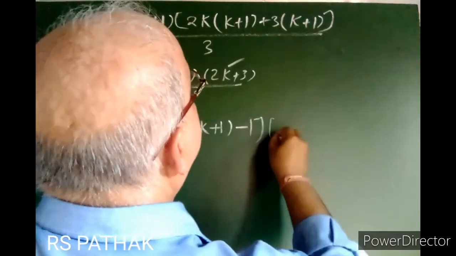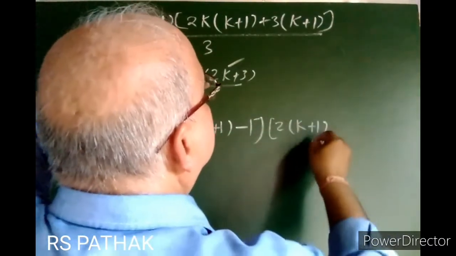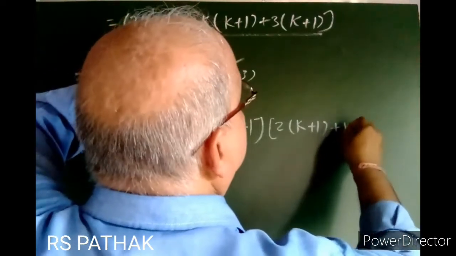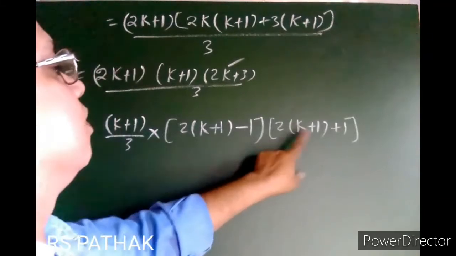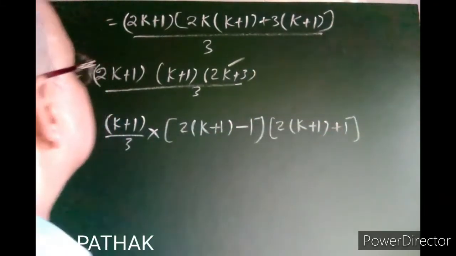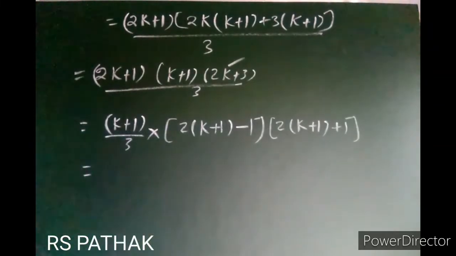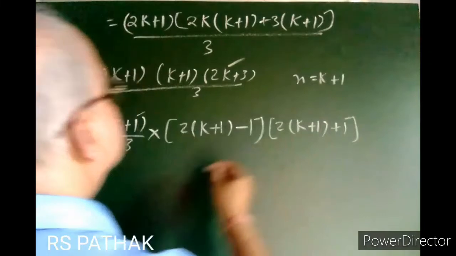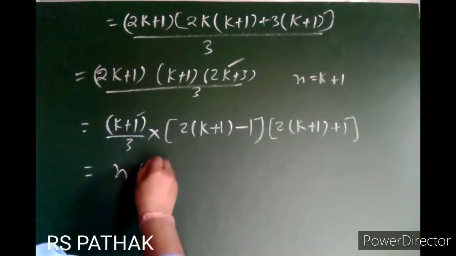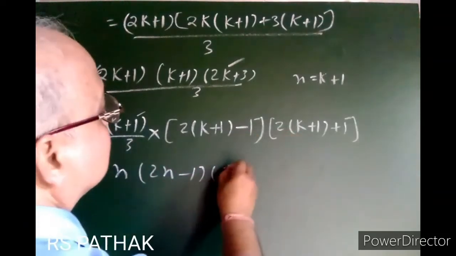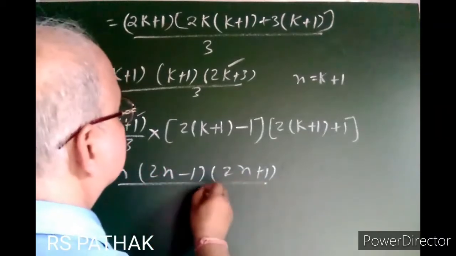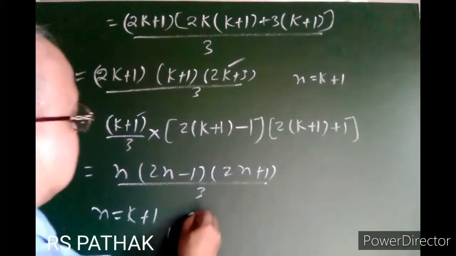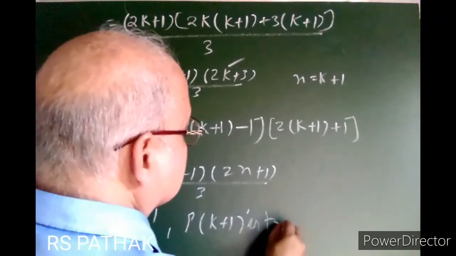And 2k plus 3 is 2k plus 2 plus 1. So if we replace k plus 1 by n, we get n(2n minus 1)(2n plus 1) upon 3. This means that for n equal to k plus 1, Pk plus 1 is true.